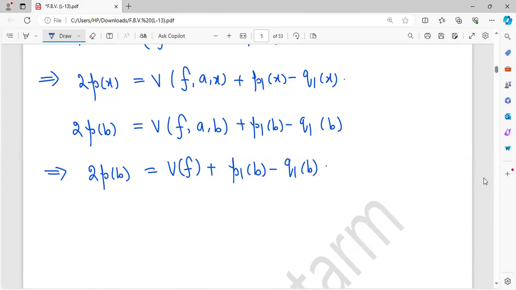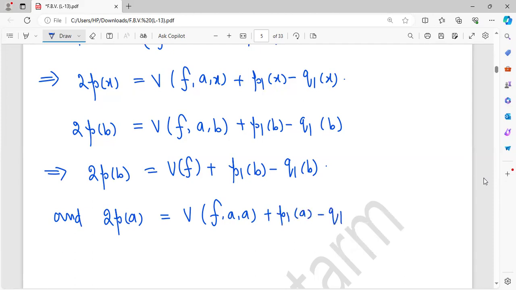And what is 2P(a)? 2P(a) is equal to, what is this, this is 0 because this is the value of Vf evaluated at a, that is, this is 0 plus P1(a) minus Q1(a).